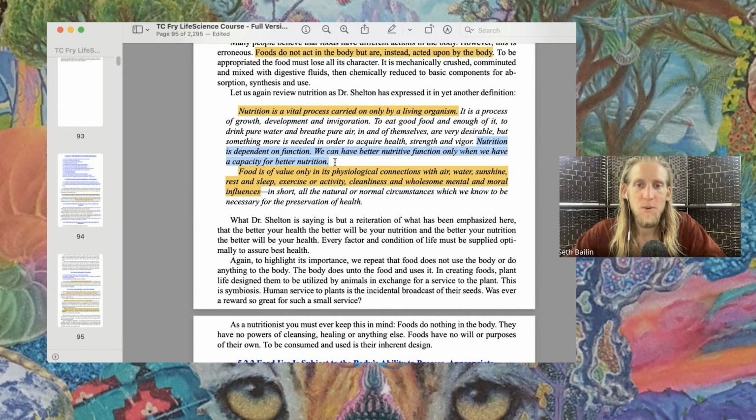Food is of value in its physiological connections with air, water, sunshine, rest, and sleep, exercise or activity, cleanliness, and wholesome mental and moral influences. All the natural circumstances which we know to be necessary for the preservation of health. So that's a very holistic view. I like that. I like this so far. They're really zooming out. And if there is a focus on nutrition, it's seen in connection and conjunction with all the other elements.